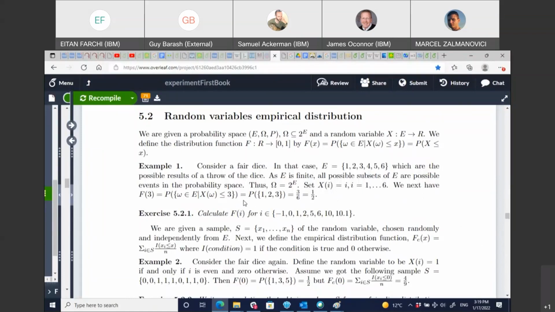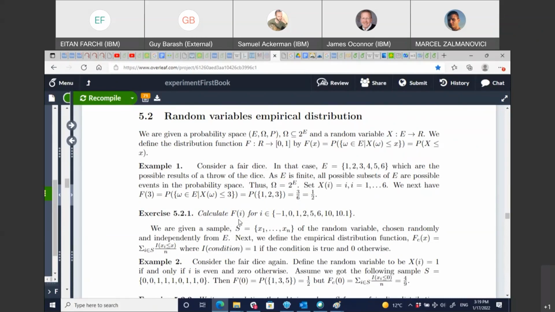Now, what's the distribution function of -1? So what is F of -1? What's the probability of the random variable getting a value that is less than or equal to -1, as Jim was saying? It's just the integral from minus infinity to -1 of the density. That's true, but now we're back talking about the discrete case with the dice.